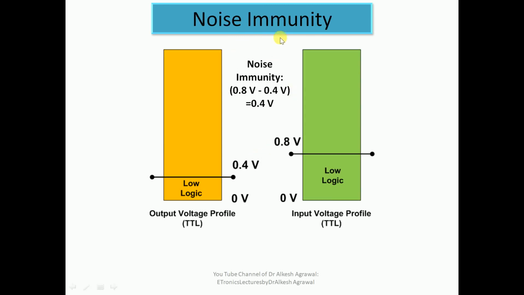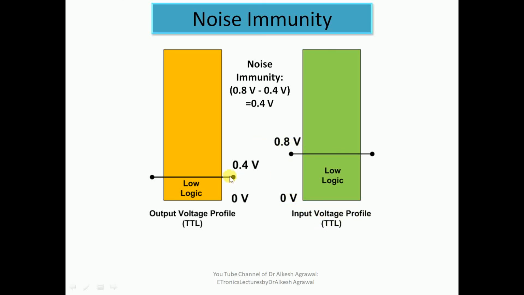Then noise immunity. In this figure we have shown the output voltage profile of TTL under low logic, and the input voltage profile of TTL again under low logic. In the output voltage profile, it varies from 0 to 0.4 volt. So any voltage between 0 and 0.4 volt will remain a low logic voltage for the TTL output. But under similar conditions of low logic, the input voltage profile varies from 0 to 0.8 volt.